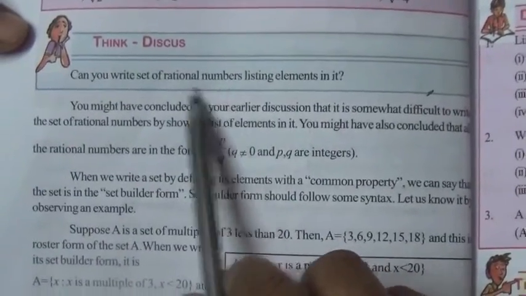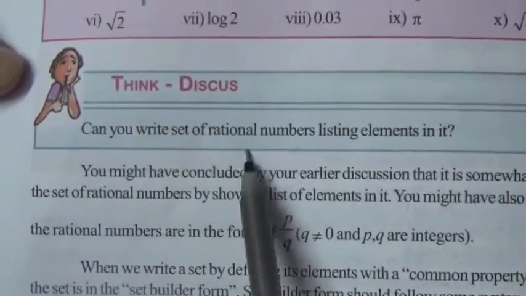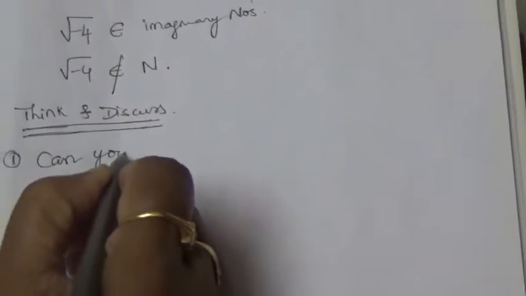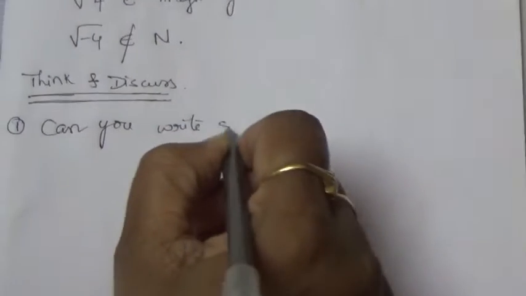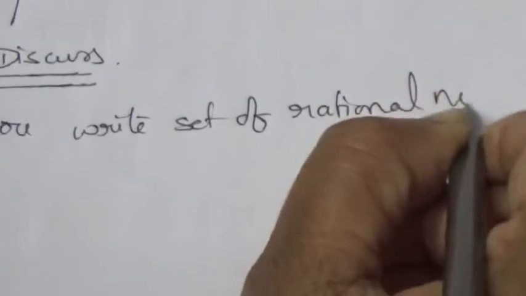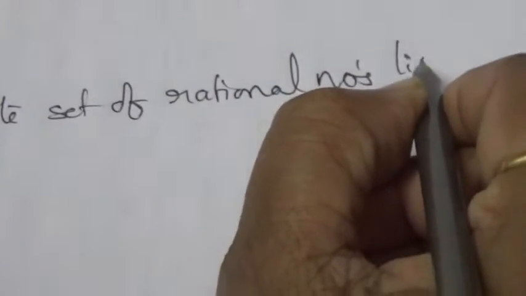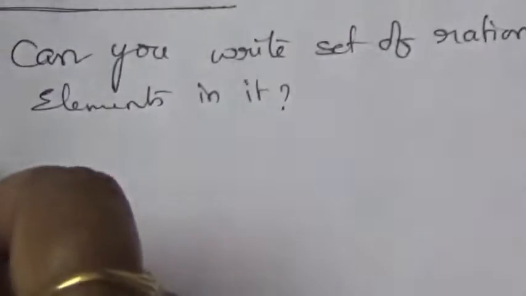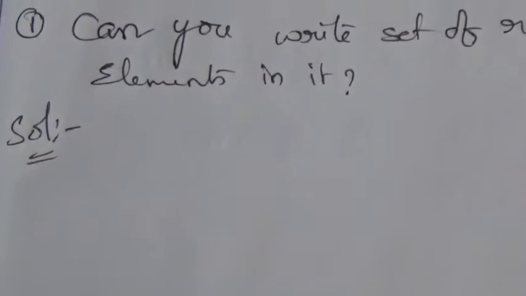Then think and discuss. Here the question was, can you write a set of rational numbers listing elements in it? No. Why? Because there are so many infinite rational numbers.